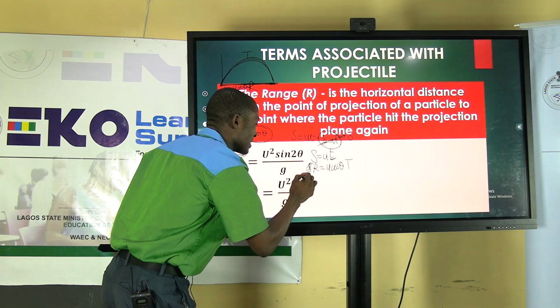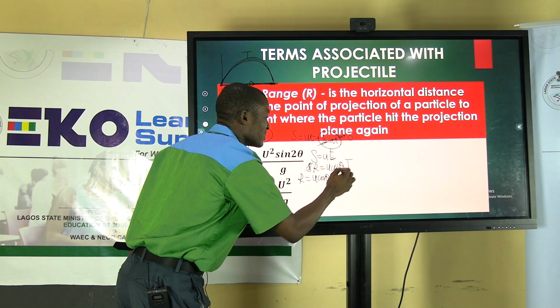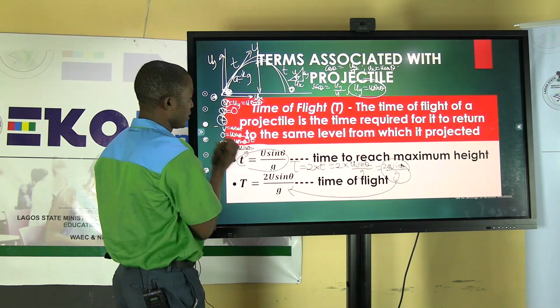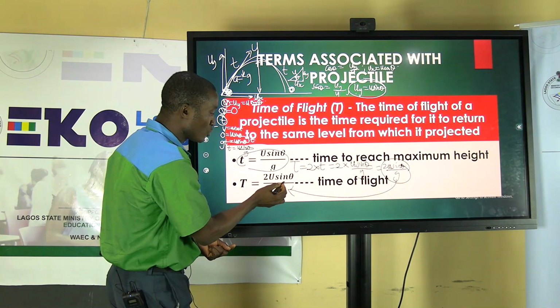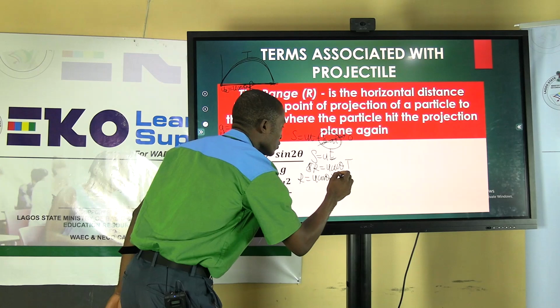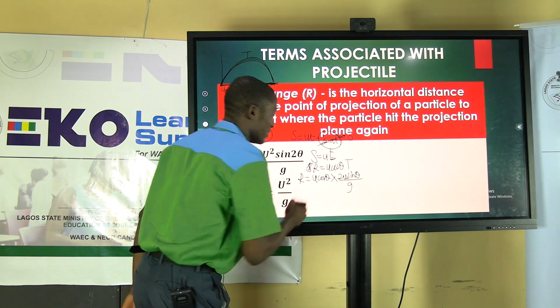So from here, we know that R equals u cos theta times the value of T we just found. Let me show you again. The time of flight is 2u sine theta over g. So times 2u sine theta over g.